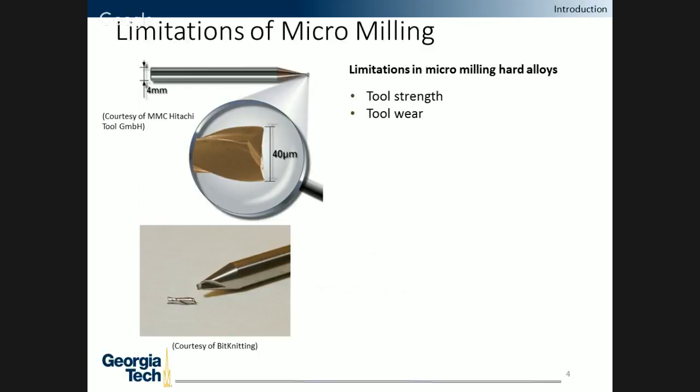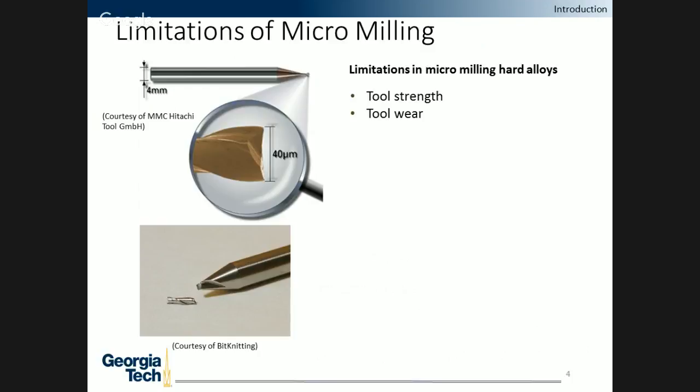As you can see once you see this micro end mill, they're often of very small scale. They can go down to as far as 40 microns in diameter, and because of that, as you can see, tools often break.